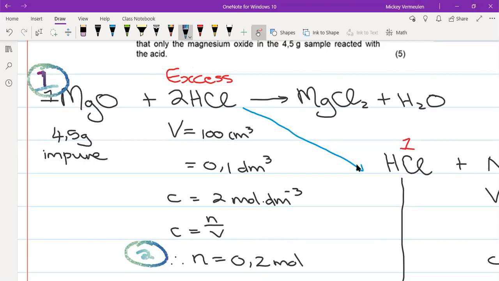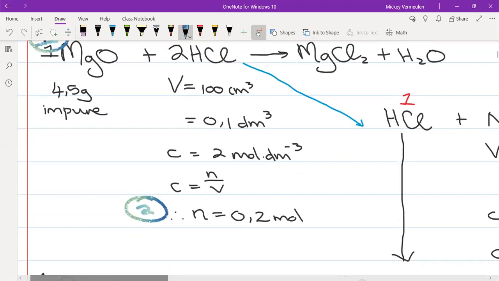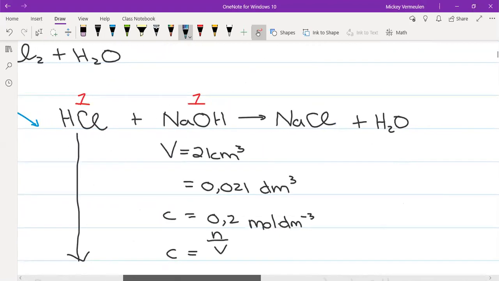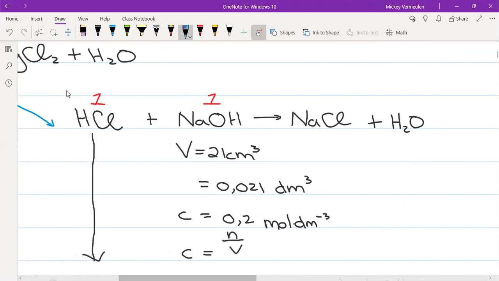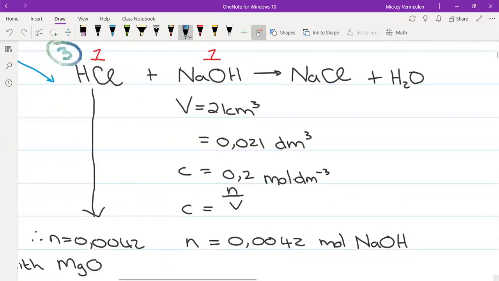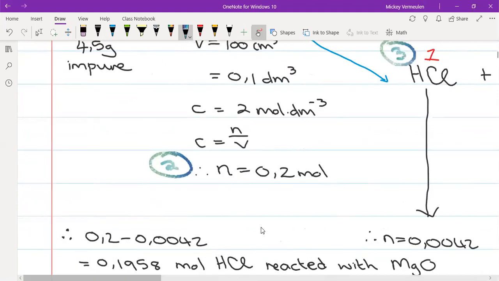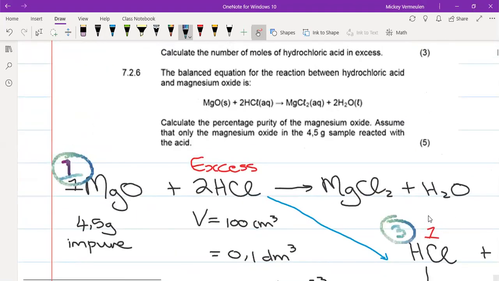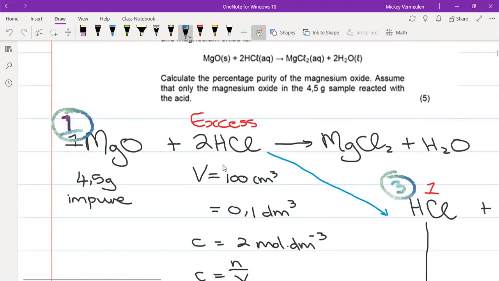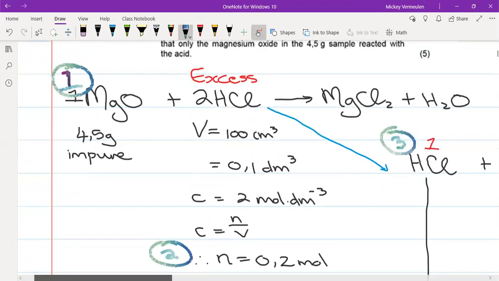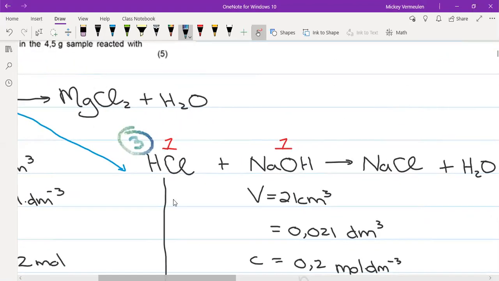Then you write down an equation for when we react what is in excess. You'll notice that I don't take the magnesium oxide into the second reaction. I only take the reactant that was in excess to my second equation, and I react that with something else.